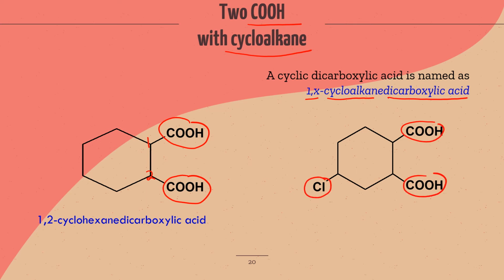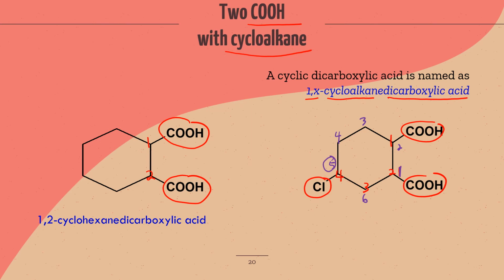Dan in structure here pula kita ada 2 carboxyl dan juga 1 chloro. So di sini numbering akan start from this carbon 1, 2, 3, 4. Okay, kenapa kita tak start yang warna purple ni? Warna purple, 1, 2, 3, 4, 5, 6. Okay, so definitely you boleh nampak sekiranya kita gunakan warna purple, positions of the chloro will be at 5th position.